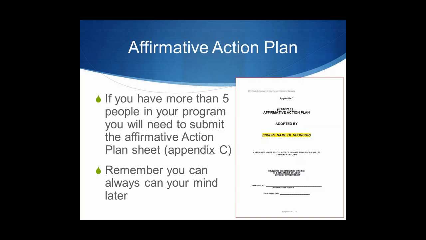So the last document that the Department of Labor is requesting is an affirmative action plan if you expect to have more than 5 people in the apprentice program at any time. So what we've chosen to do here is we've chosen to not even submit this sheet, because you do have the choice to not submit it.